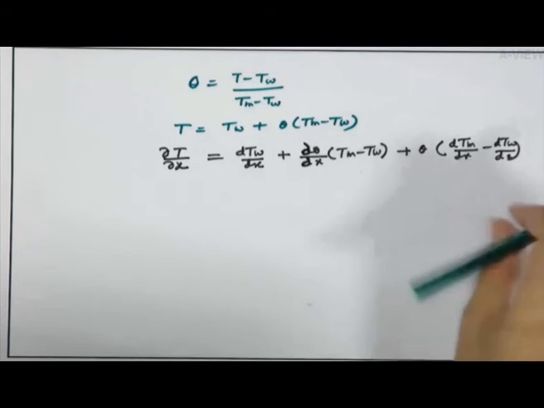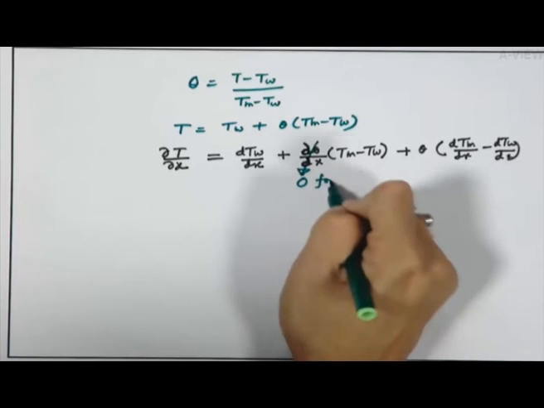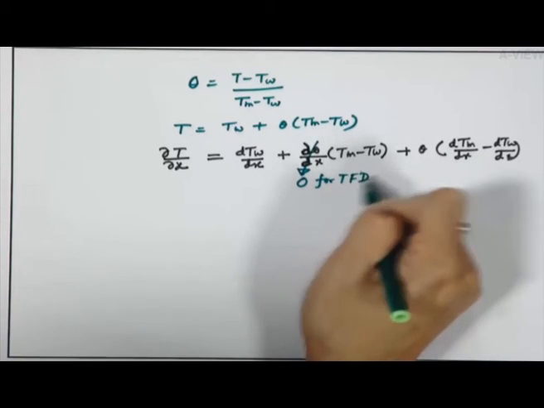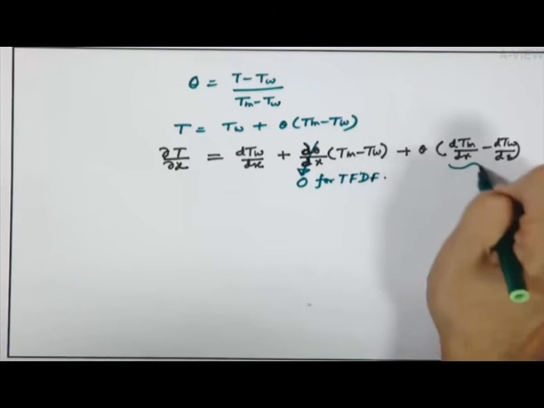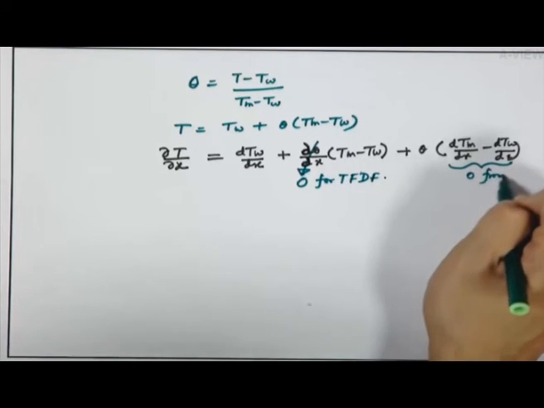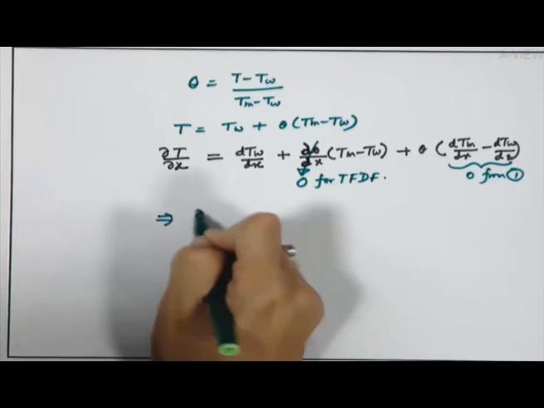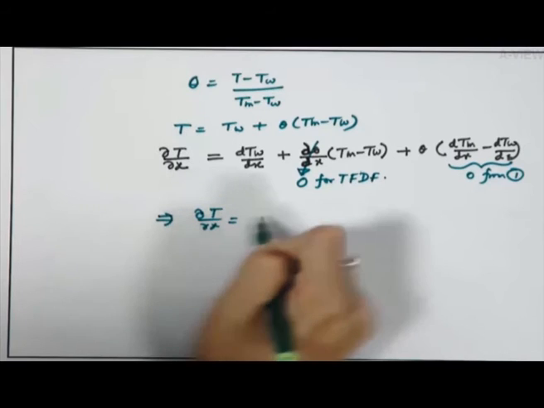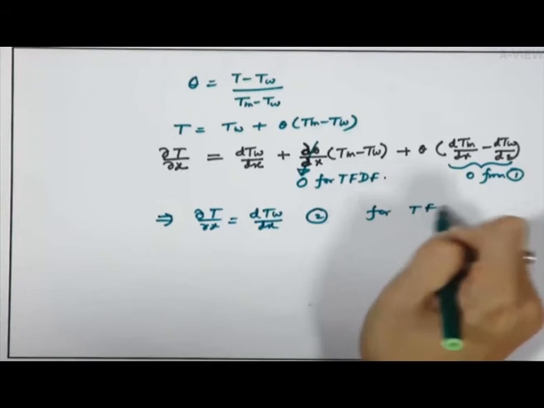Now for thermally fully developed flow, theta is not a function of x. So this is 0 for thermally fully developed flow. Also from equation 1, the previous equation, this is 0. So from here we conclude that del T del x is equal to dT wall dx. This is equation 2 for thermally fully developed flow.